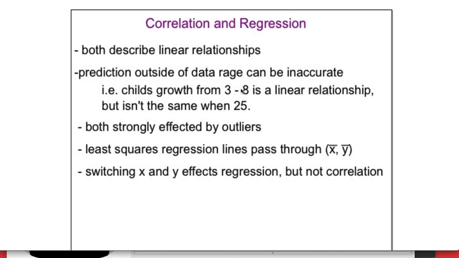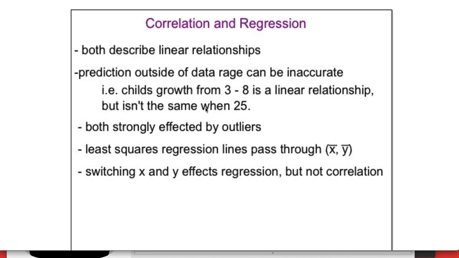Or, at 5 years old, if all of a sudden you've stopped growing like you should, that would be a sign to them that there's something we need to look into. But anyway, a child's growth is linear from about 3 to 8 years old. But once you hit like 25, where you've probably maxed out, you're not growing anymore, and in fact, you're shrinking at some point, it's no longer a linear relationship.